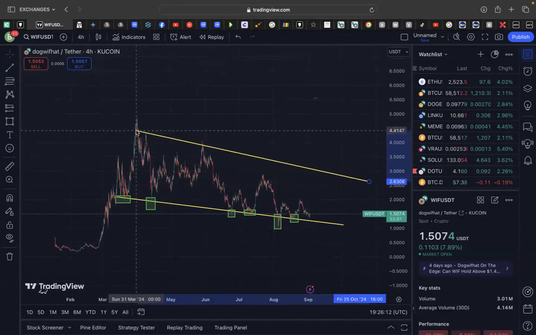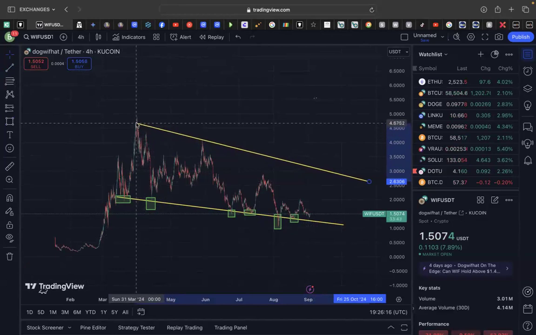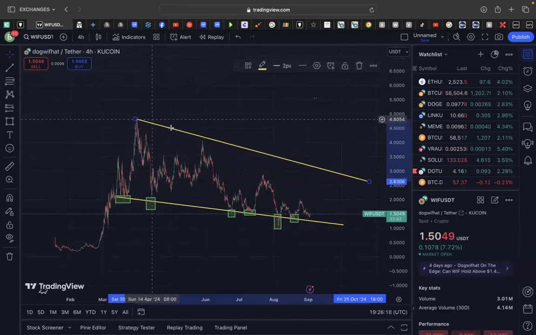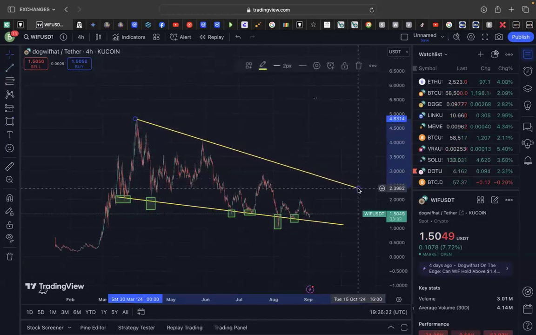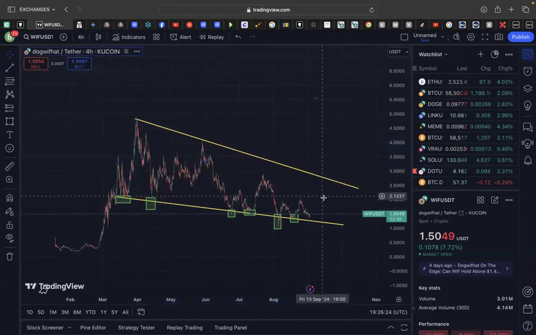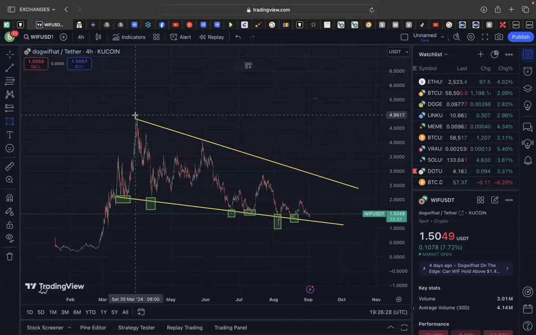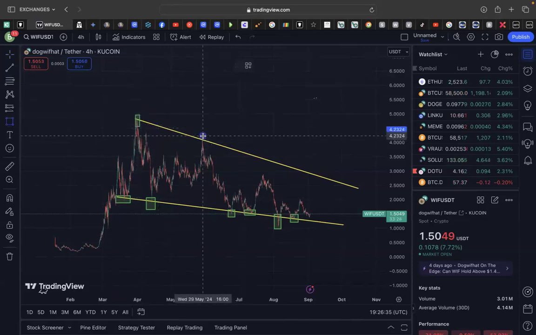I can definitely use the very top. We have a resistance at the very top, and we have only 2 touches on the resistance.